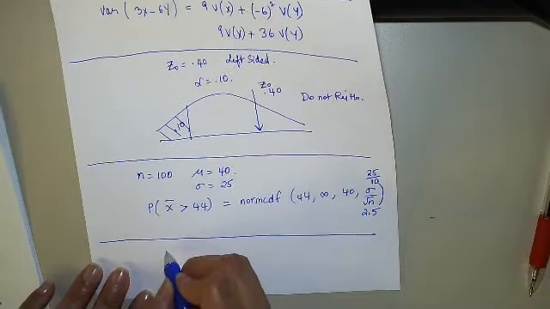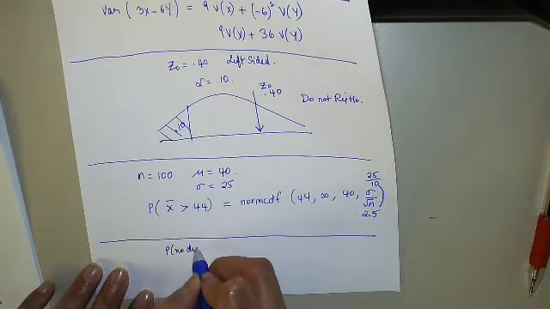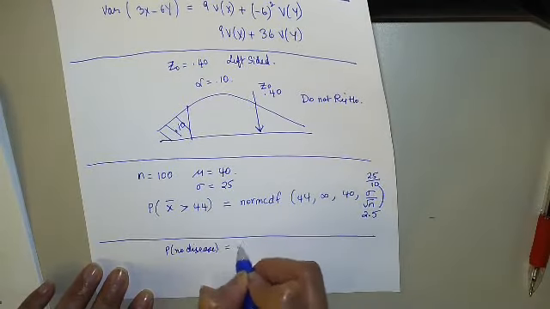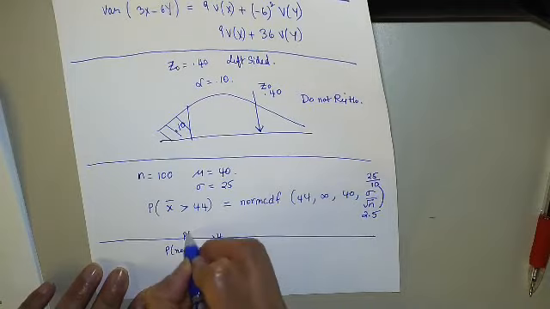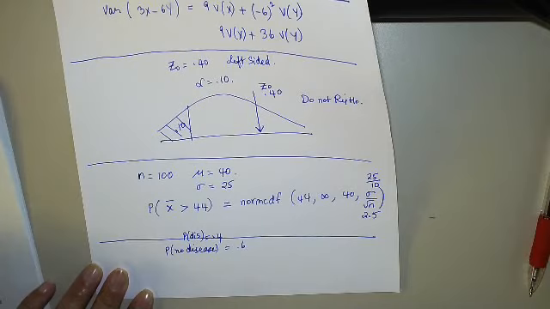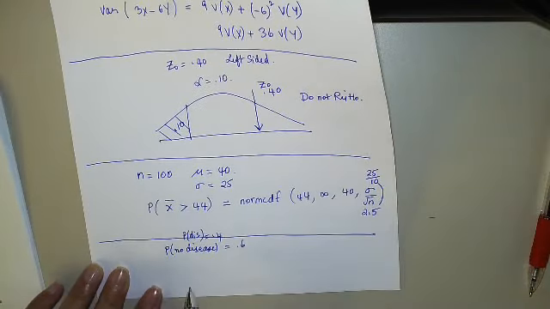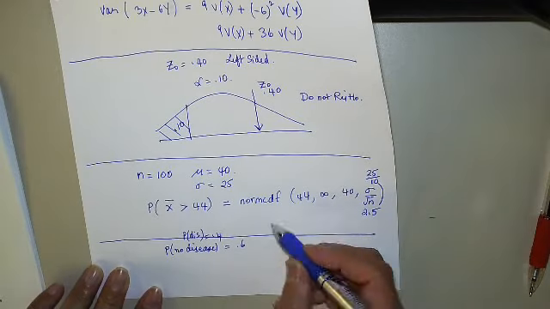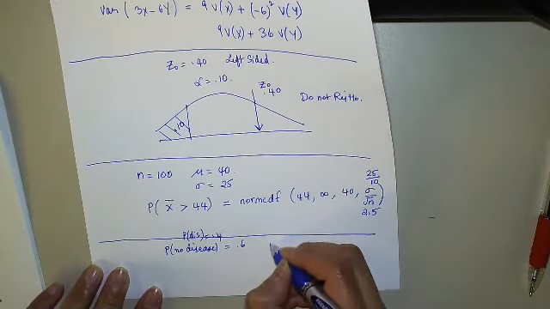Okay, next one. Suppose 40% of a herd of cattle is infected with a particular disease. Let Y be the number of cattle without disease. Okay, so probability of no disease is equal to 60% if 40% have disease, right? The distribution of Y, which is the number without disease, is what?